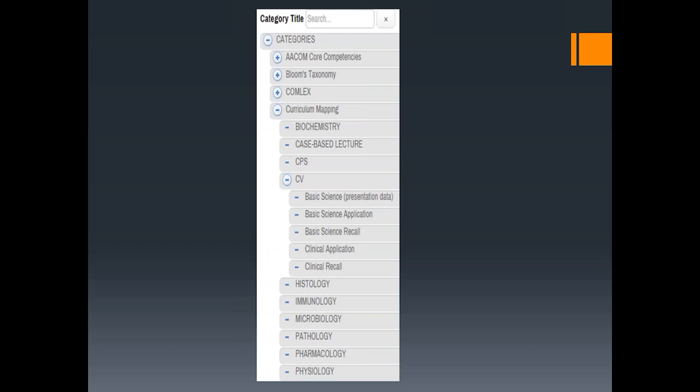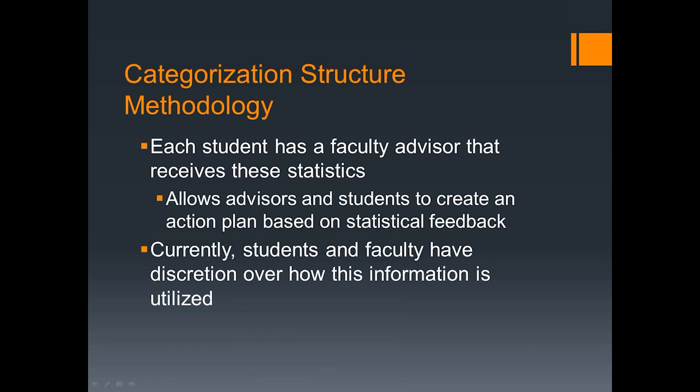The big picture wasn't there for them, and it wasn't helpful for making a game plan moving forward to studying when they just thought, okay, I got a 2 out of 4 on Dr. So-and-so's lecture. It just didn't resonate with them since it was such a small stat and such a small sample set. So that's why we stuck with this as our setup.